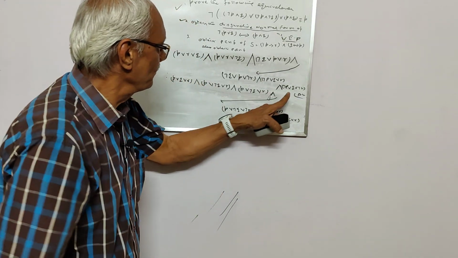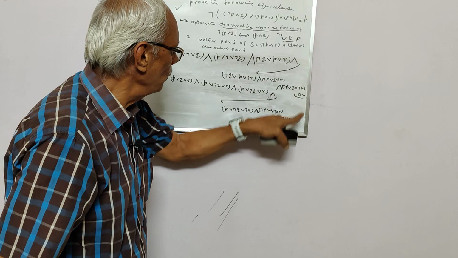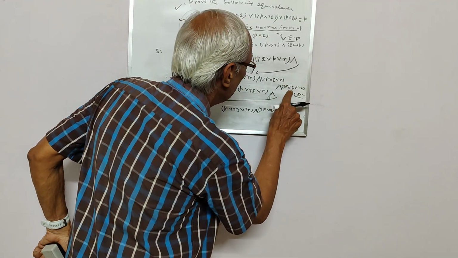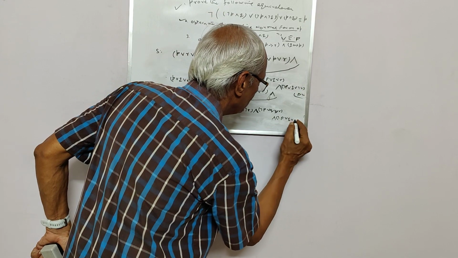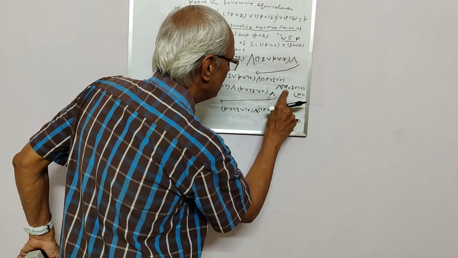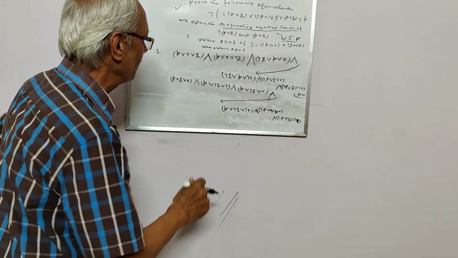And conjunction, negation P, Q, negation R. So what have I got here?